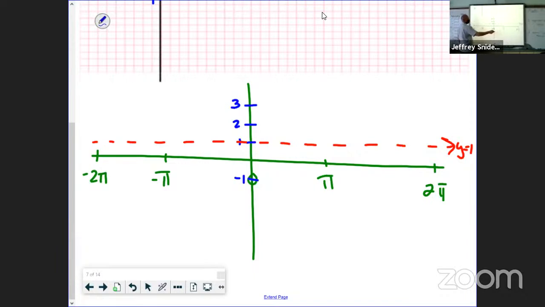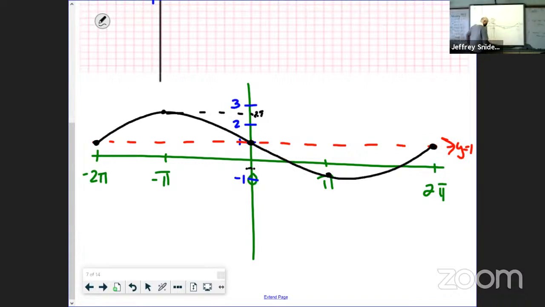What's the max again? 2.5. Okay, that's good. So here we go. Where's this going to be at? Midline. Where's this going to be at? 2.5. That's right here. There it is. Great. Then I'm back at the midline. Then I'm at negative 0.5. Then I'm back at the midline. Hey, look, there's my graph. Woo, done. Okay.